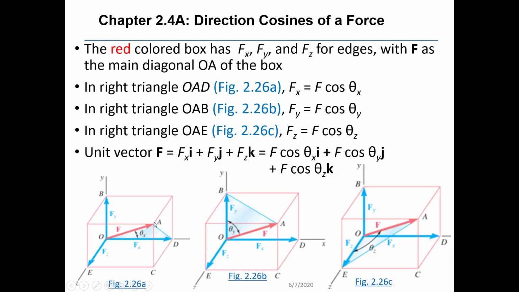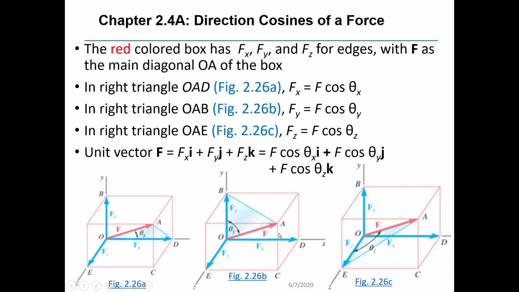In right triangle OAD, we have angle theta sub x, and we see that f sub x is equal to f times cosine theta sub x. Likewise, in figure 2.26b, f sub y is equal to magnitude f times cosine theta sub y.